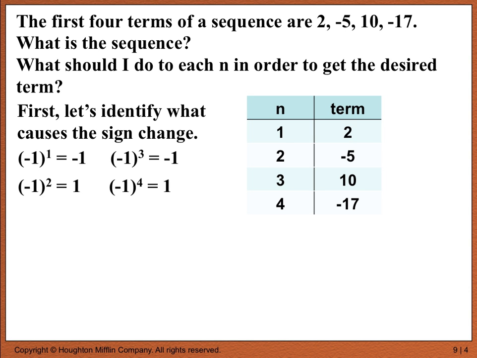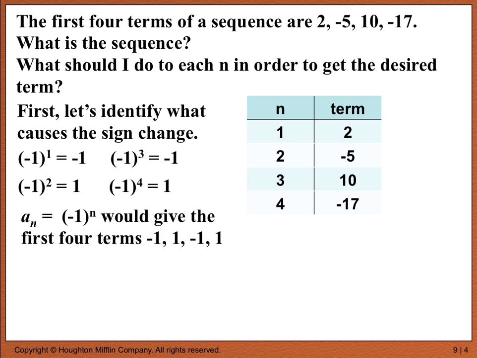All right, so how can we work that into this problem? I'm going to walk you through the sign change part of it, and then when we get to the other part of this problem, you are going to be on your own. Let's suppose that my sequence is a sub n equals -1 to the n.